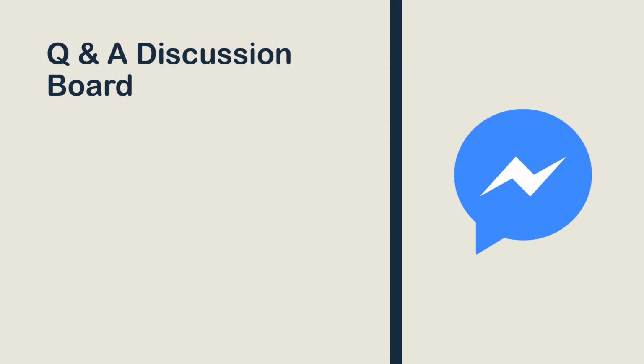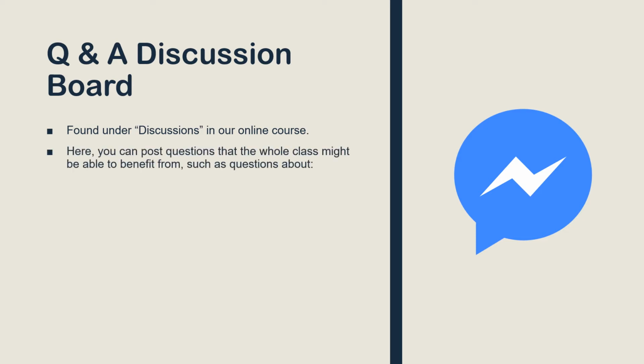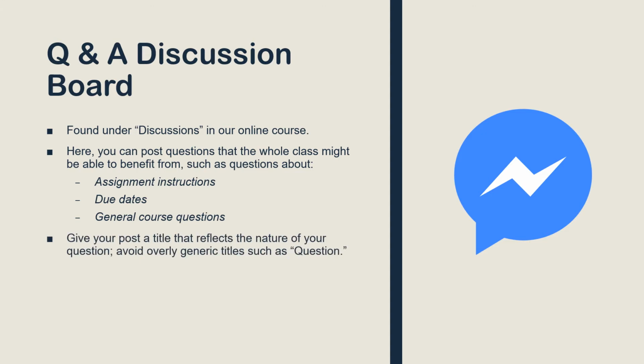The Q&A discussion board can be found under the Discussions heading in our online course. Here you can post questions that the whole class might benefit from, such as questions about assignment instructions, due dates, or other general course questions. If you post a question to the discussion board, be sure to give your post a title that reflects the nature of your question.